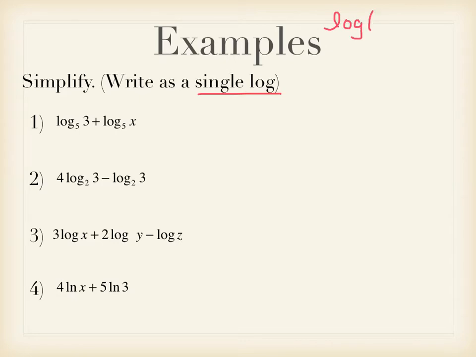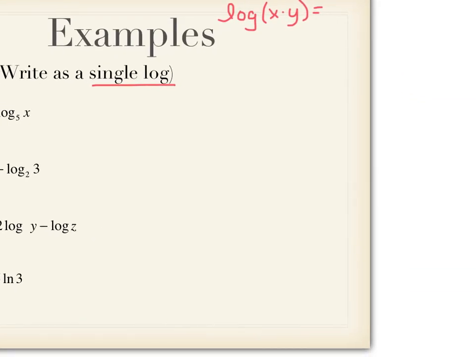But log of x times y equals log of x plus log of y. Okay, that was our multiplication property that you wrote down just a second ago. This right here is a single log, and this is multiple logs. So these examples are giving us the multiple log version and wanting us to combine them.